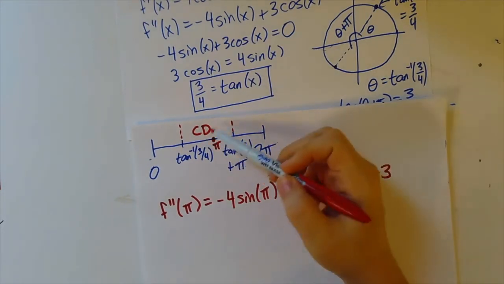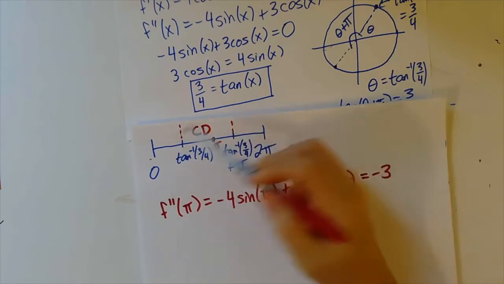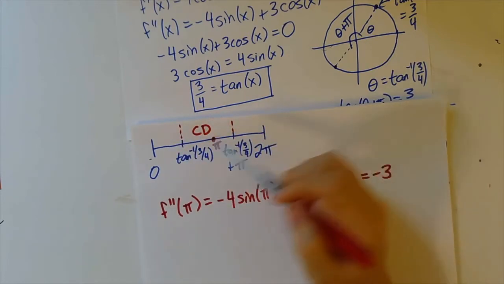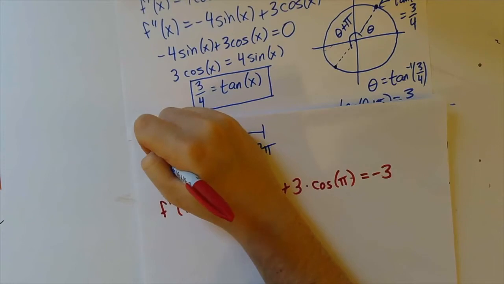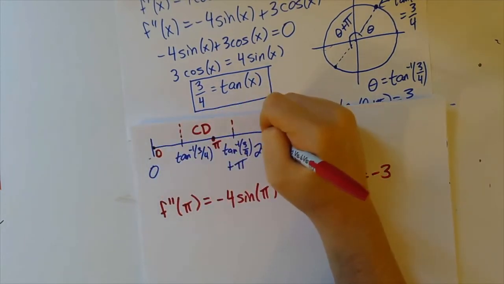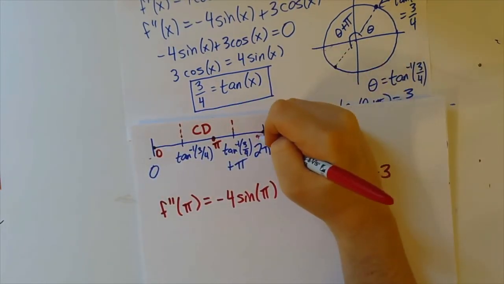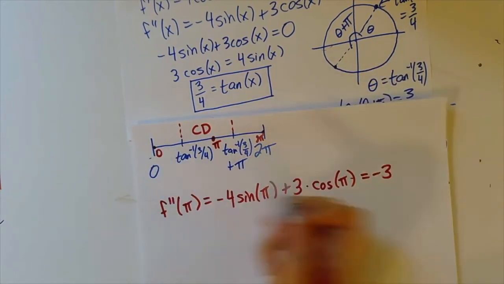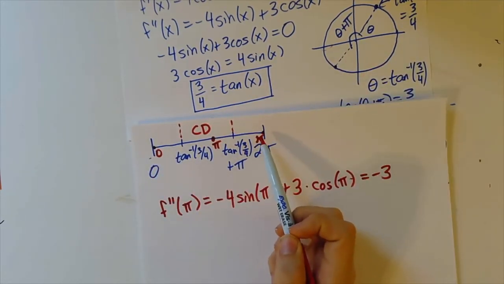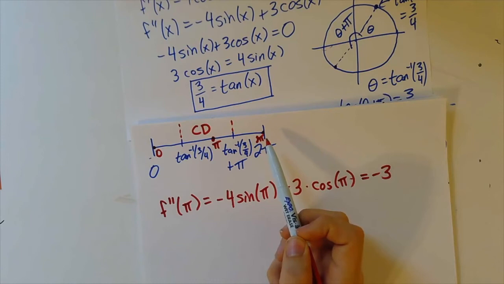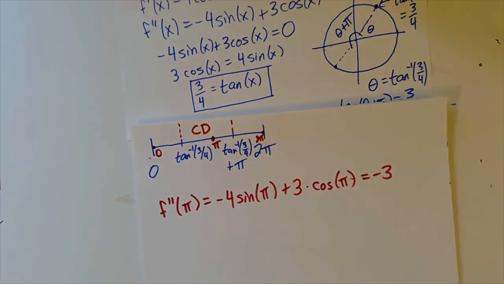Okay. Then I just have to do the same thing for these other two intervals. And for these other two intervals, actually the point I'm going to pick is just the endpoint of the interval. And the reason I'm getting away with doing this is because these are just arbitrary endpoints. They aren't places where the second derivative is 0. If they were places where the second derivative was 0, well, I'd be out of luck.